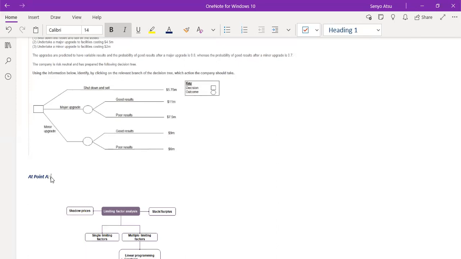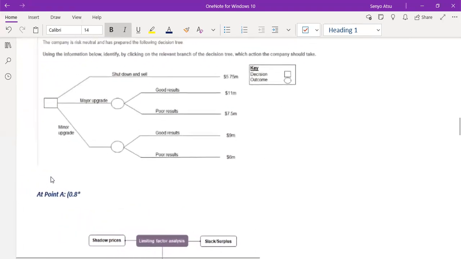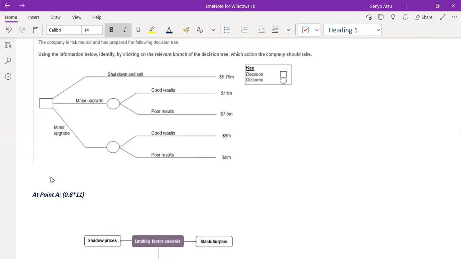So doing a major upgrade and repeating the business many times in the future, the long run average of result is 0.8 times 11 million plus 0.2 times 7.5 million. So 10.3 million, 10,300,000.